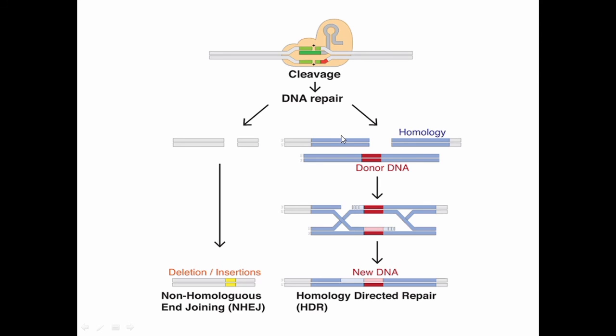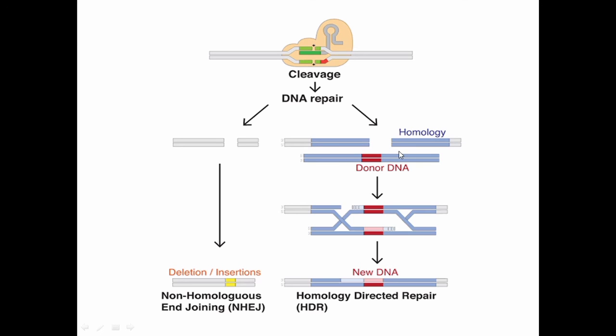Now here it will follow the homology directed repair mechanism, in which it will repair this break with the help of a template. Generally this would be the homologous DNA from the cell itself, but in this case the cell is utilizing our added template DNA strand for repairing this double strand break, and this is the sequence which we want to add at this particular site.